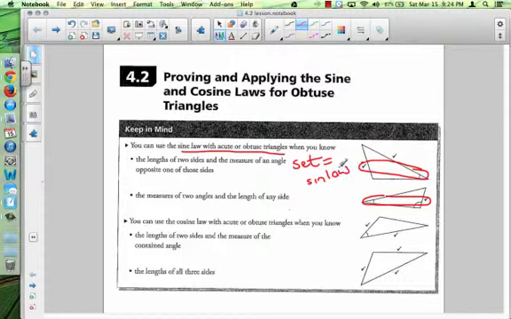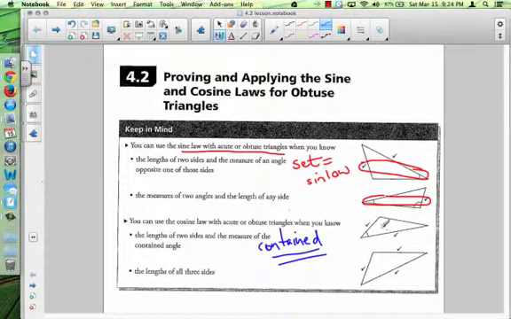Now, cosine law. What do you need to have to use cosine law? Hopefully you're thinking the word contained. If you have a contained angle or you're finding that contained angle, you can use the cosine law. It says you can use the cosine law with acute or obtuse triangles when you know, first of all, the length of two sides and the measure of the contained angle.